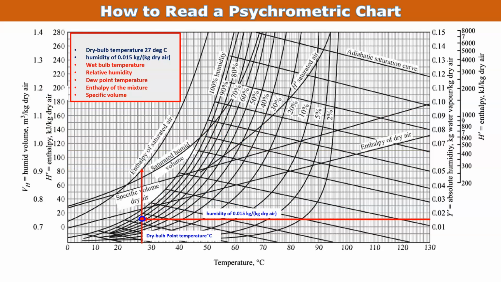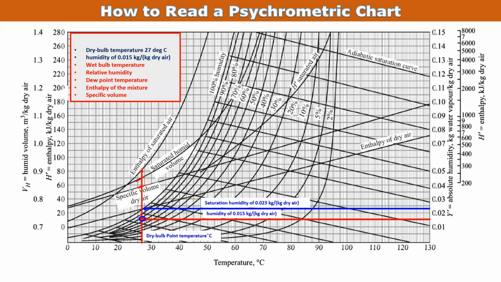Now if I'm going to calculate the specific volume, again, this line is the saturated humid volume. Another is here, the specific volume of the dry air. From that we can easily calculate the specific volume of the air by interpolation.